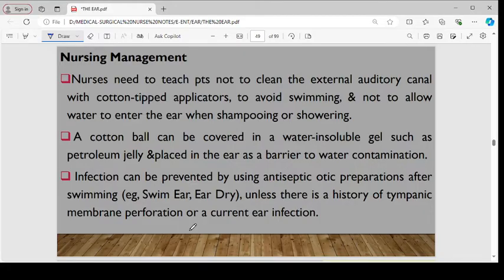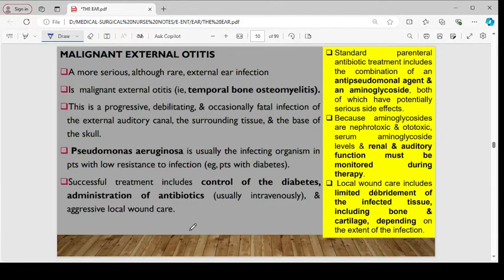A cotton ball can also be covered in a water-insoluble jelly such as petroleum jelly and placed in the ear as a barrier to water contamination. Infection can also be prevented by using an antiseptic otic preparation after swimming, e.g. swim dry, ear dry, right? Unless there is a history of tympanic membrane perforation or current infection.